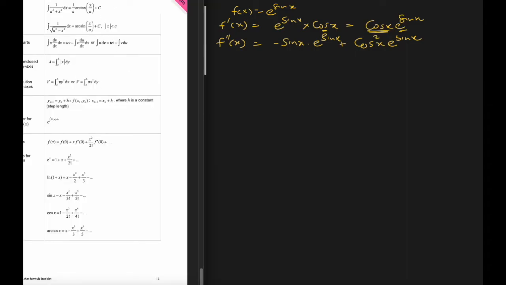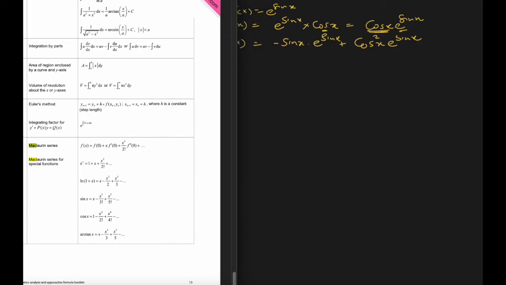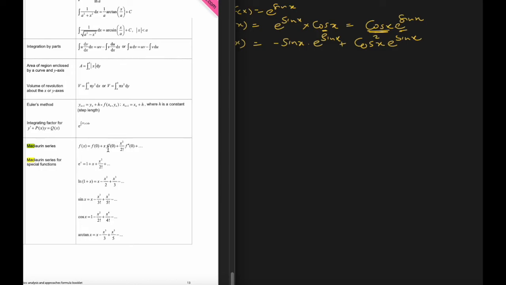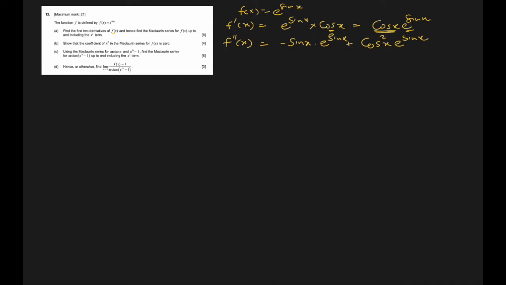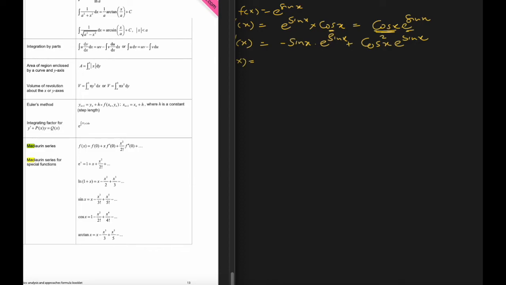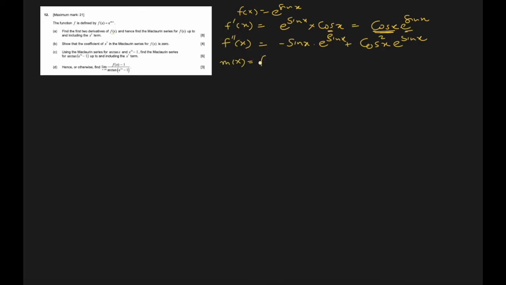The Maclaurin series says f(x) equal to f(0) plus x times f first derivative at 0 plus x square over 2 factorial times f second derivative at 0. Do we have everything with us? Yes. So let's finish it here.